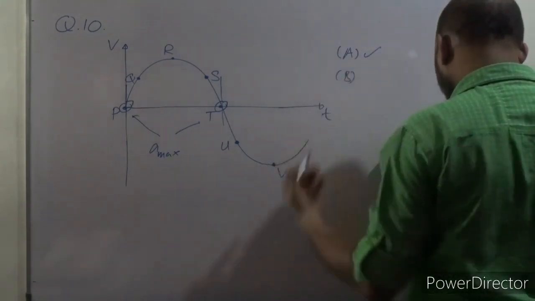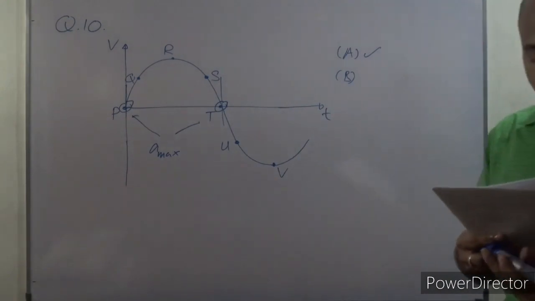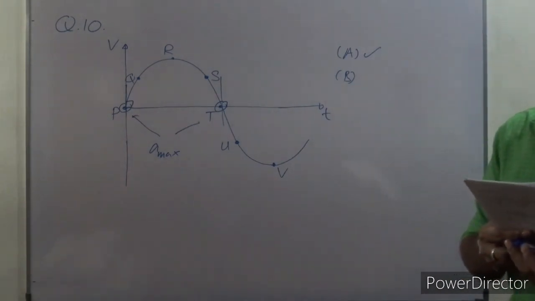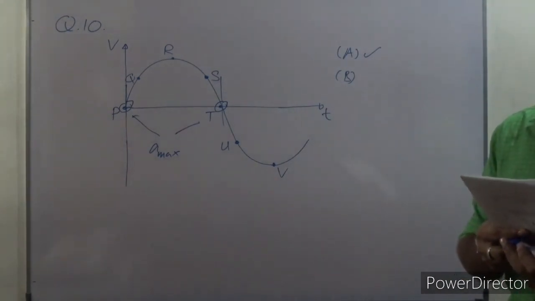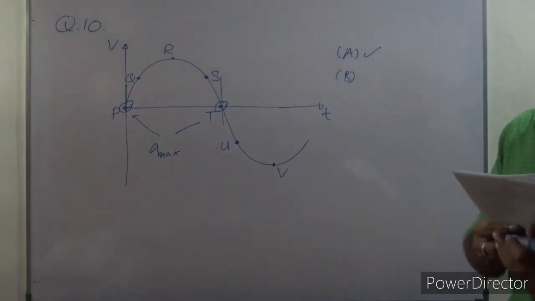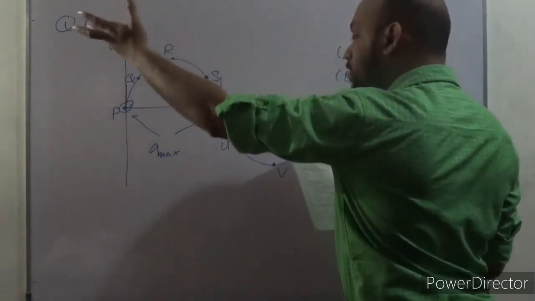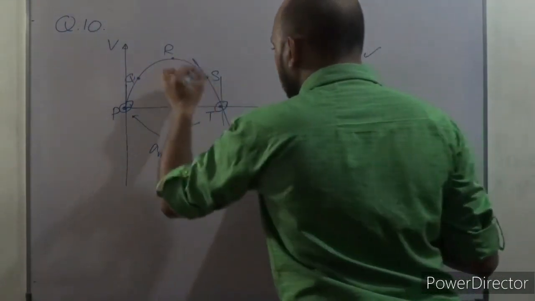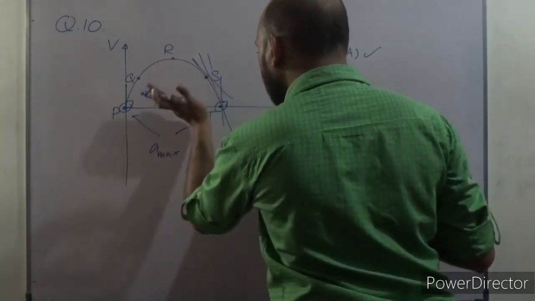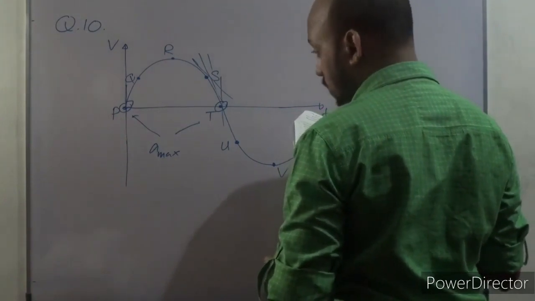Then B, the motion from S to T is deceleration in the initial direction. So when moving S to T, this region is the positive region that I mentioned earlier. If we draw the tangent, it is increasing.